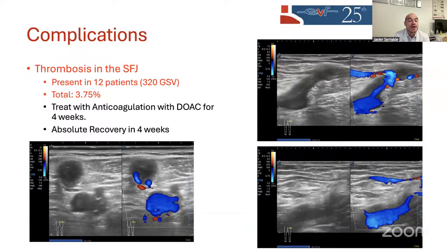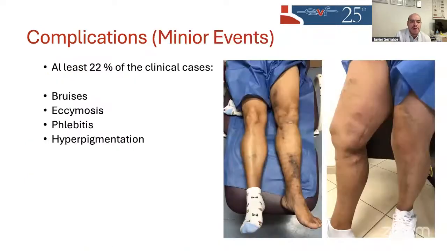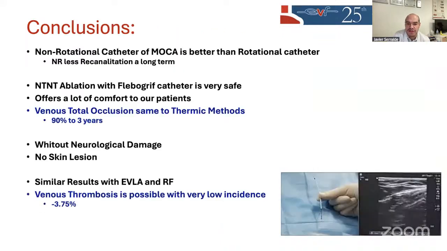For instance, we identified in 3.75% thrombosis in the saphenofemoral junction. These patients, we decided to treat with anticoagulation for 4 weeks, and fortunately, we got absolute recovery in this time. We can get minor events, very common, in at least 20% of the patients, like induration, ecchymosis, phlebitis, and hyperpigmentation.